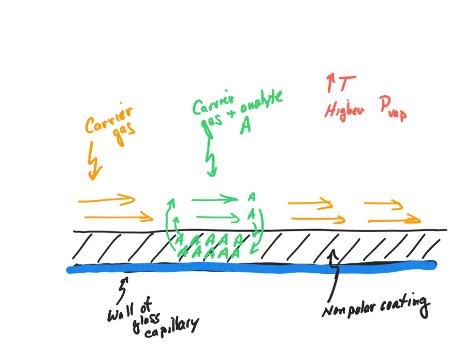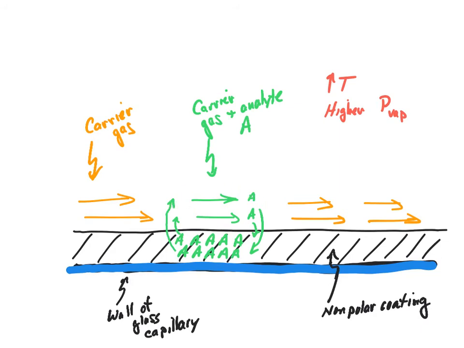So when you inject the analyte, A is the analyte, into the carrier gas, as it enters the column, it tends to partition into the non-polar coating, right? But we are at a higher temperature, and so this has a substantial vapor pressure. And so it tries to establish an equilibrium between analyte in the coating and vapor above it.